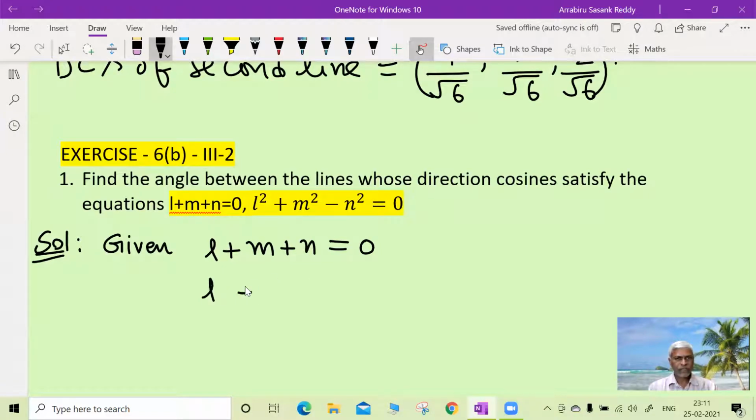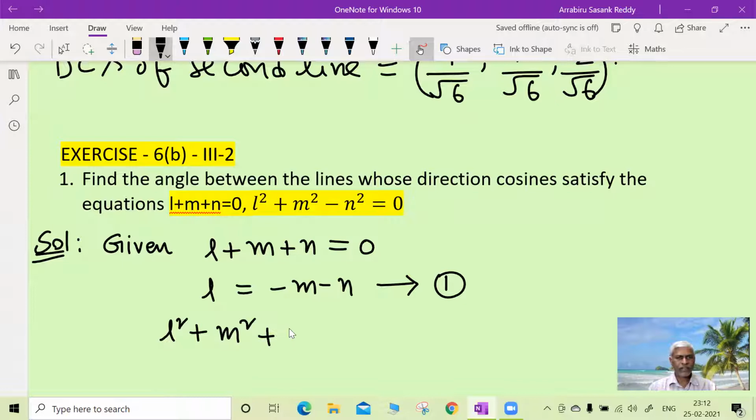So from this, l is equal to minus m minus n. Let us call it 1. And the second one, l square plus m square minus n square is equal to 0.